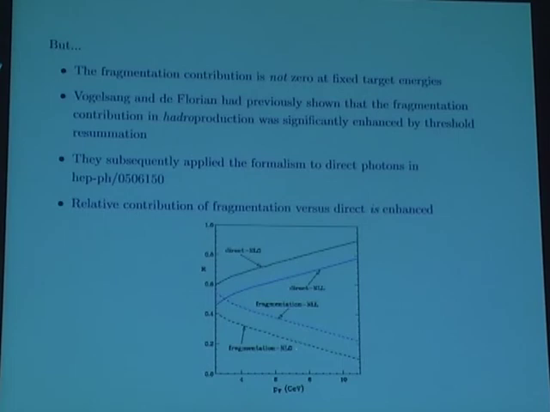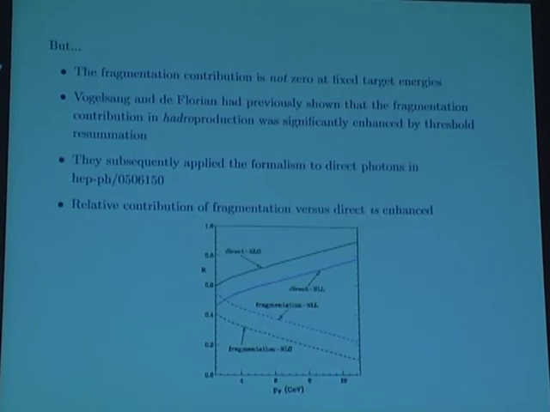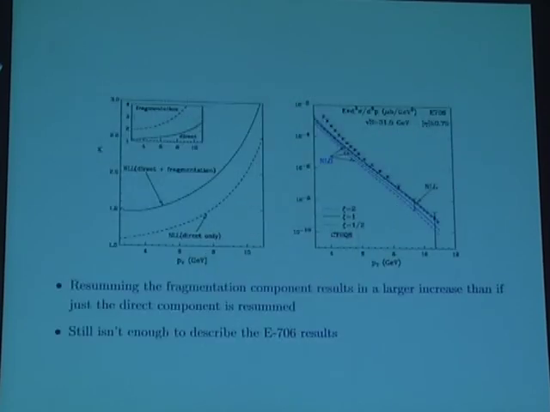Here's the next-to-leading order level of fragmentation and the level of the direct piece that you expect. This is just a fraction of the cross-section versus pT. When they turned on their resummation, the fragmentation piece went way up, and hence the corresponding amount of the direct part went down. So the fragmentation is contributing a lot more than you might have expected.